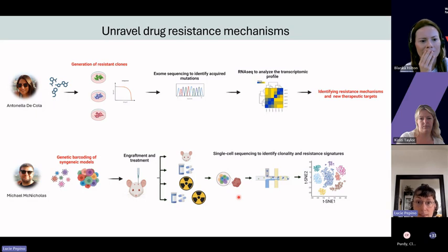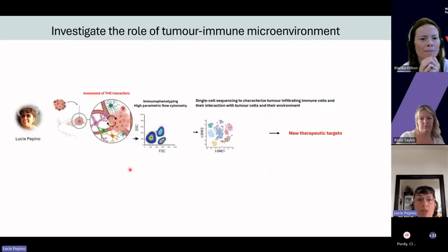As for my project, I'm mainly focusing on the tumor immune microenvironment in these different models. I did a broad immunophenotyping of most of the models that we have using high-parameter flow cytometry. Of course, I will go into more detail later on.